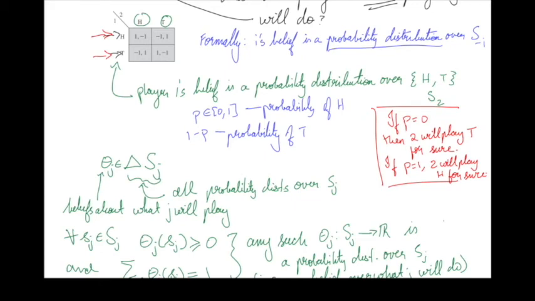But what do we do if his belief is that player 2 is going to play heads with some positive probability and tails with some positive probability? Then in order to calculate the payoff of player 1, we're going to need the notion of an expectation. So we're going to calculate the expected payoff.